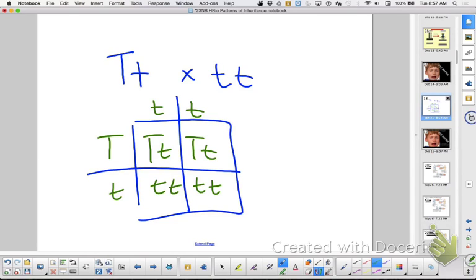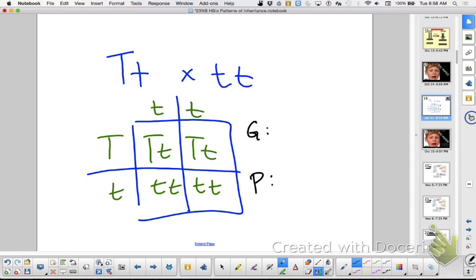So when you wrote out your genotype and your phenotype ratios, what do you always do when you write a ratio? Always simplify. How many different genotypes are represented here? Two.